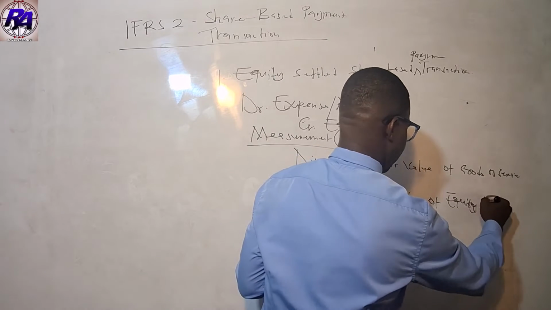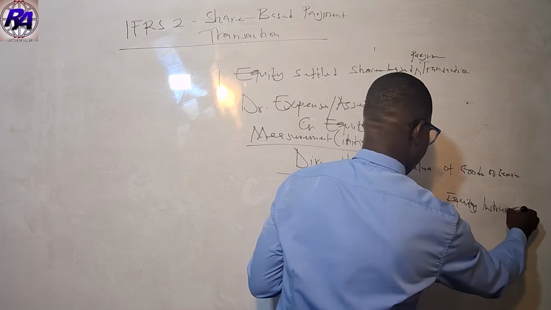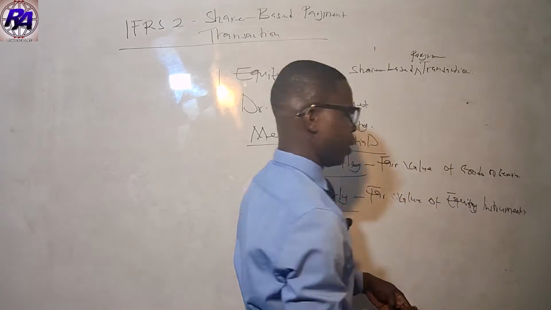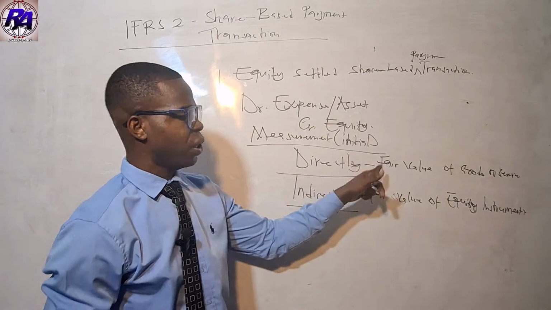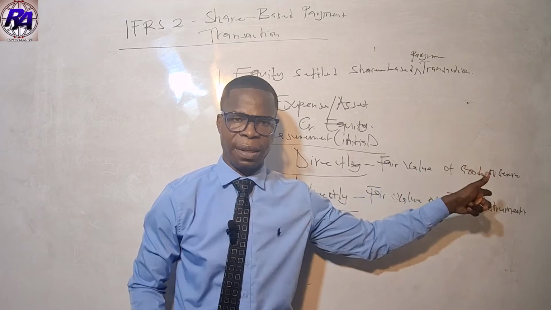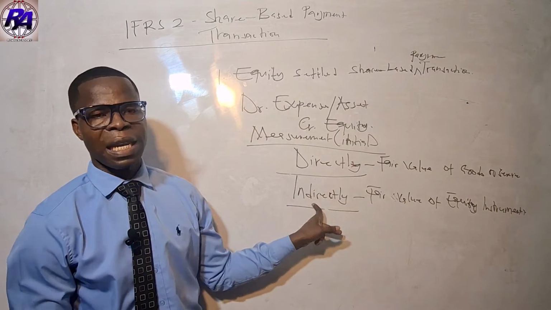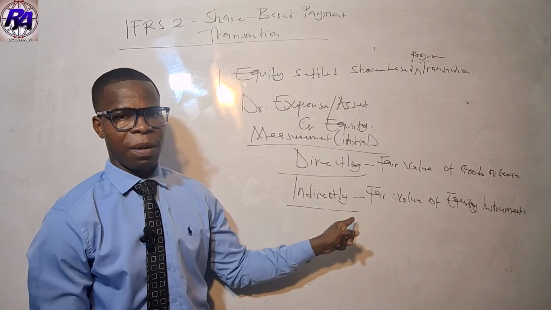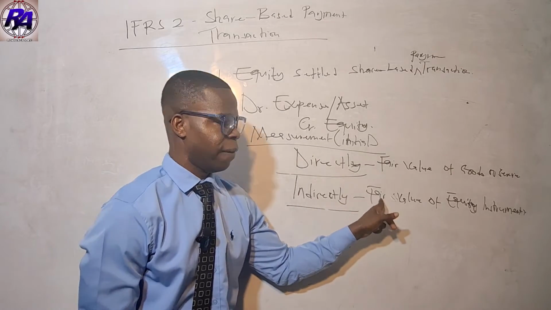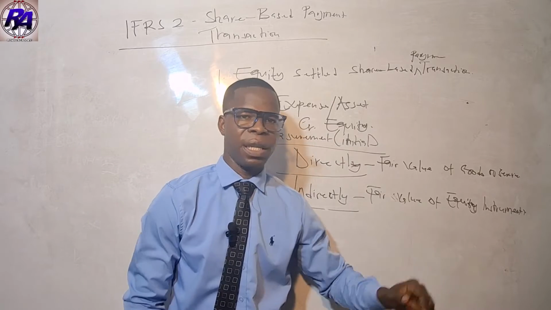Already we have established the meaning of equity instruments. So if we cannot establish the fair value of the goods and services, then we resort to the indirect method, which simply means that we are going to use the fair value of the equity instrument.